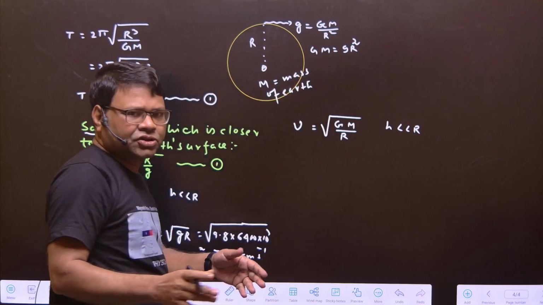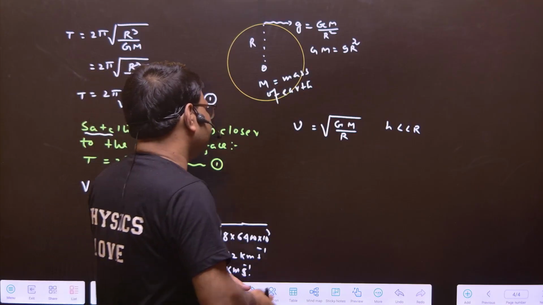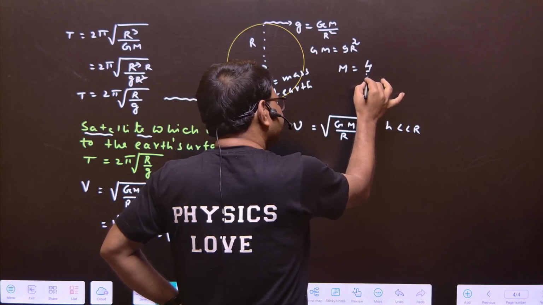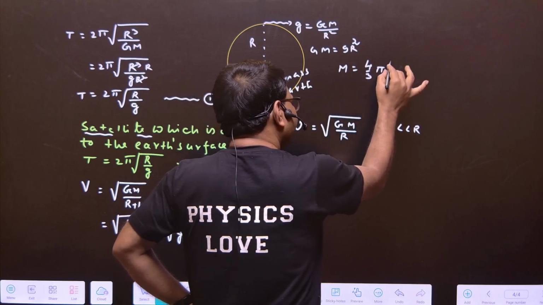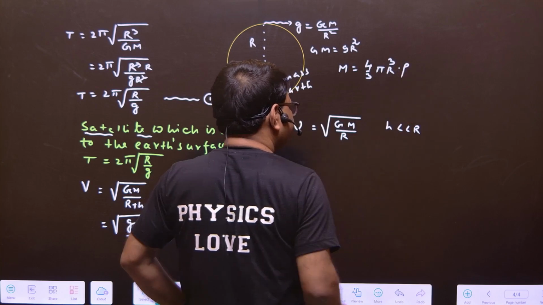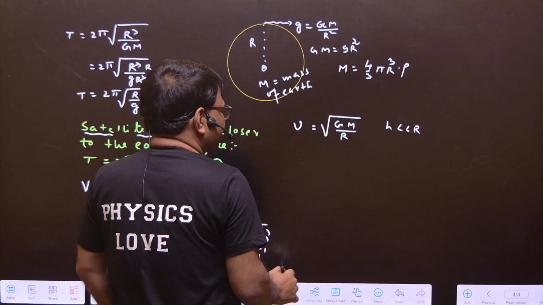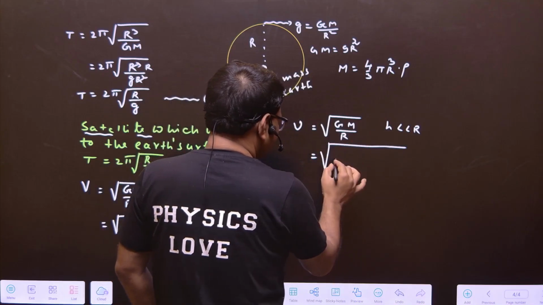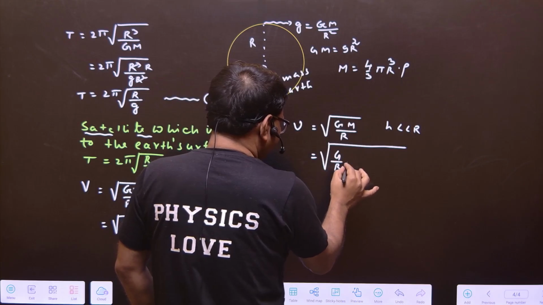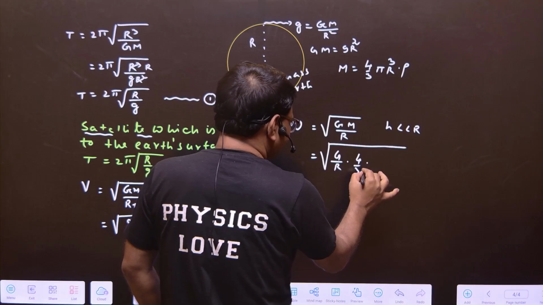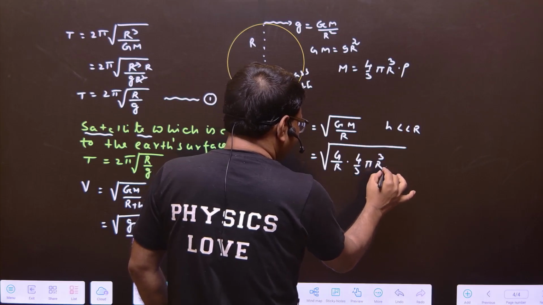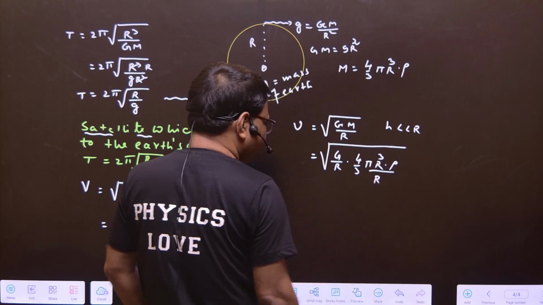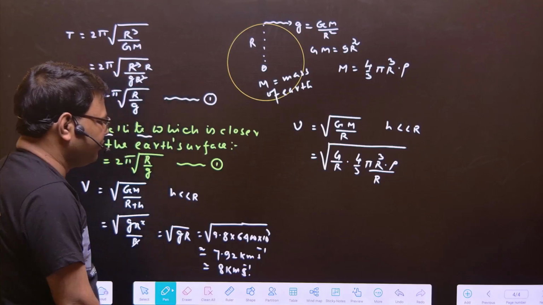The Earth is like a solid sphere. A few minutes ago I told you, the mass of the Earth is the solid sphere volume, 4 by 3 pi r cube, into density rho. So put the value here, students: G by R, mass 4 by 3 pi into r cube into rho, divided by r. Am I clear?